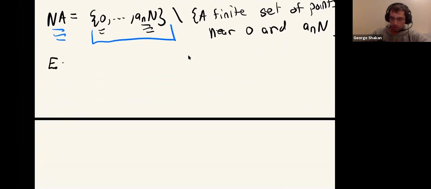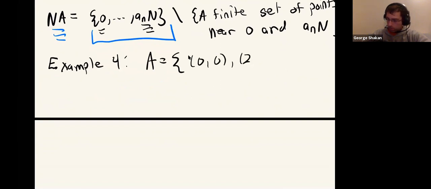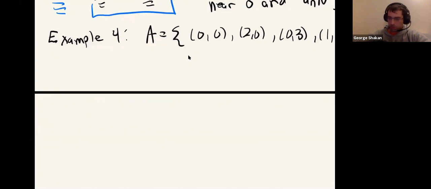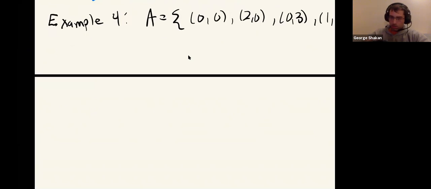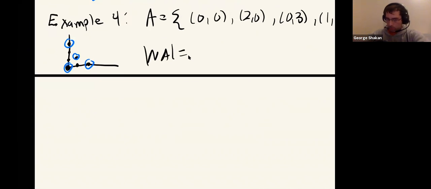Okay, so let's look at another example, just one that I happen to know. The next thing is to look at a two-dimensional set. Here's one example of such a thing. My set looks like this. And it turns out that the cardinality of nA, at least for large enough n, is equal to 3n squared minus 6n plus 11.